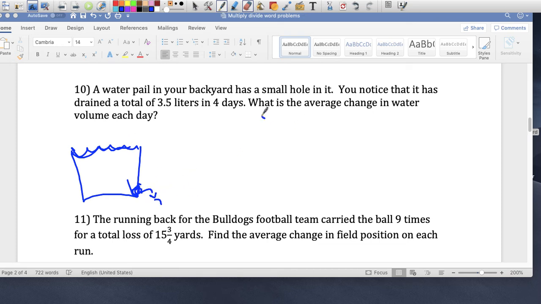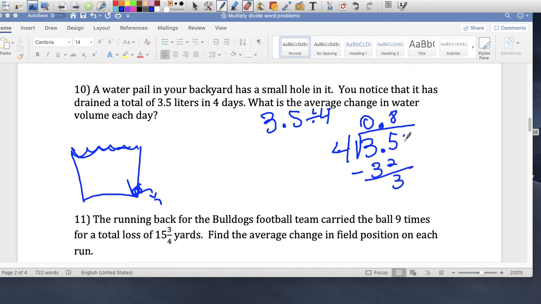So this is just a division problem. So it's 3.5 divided by 4, right? Because you want to know how much water per day. So set it up, 3.5 divided by 4. That's a whole number we don't have to worry about. So just let's bring the decimal up. 4 goes into 3, no. 4 goes into 35 8 times, which is 32.